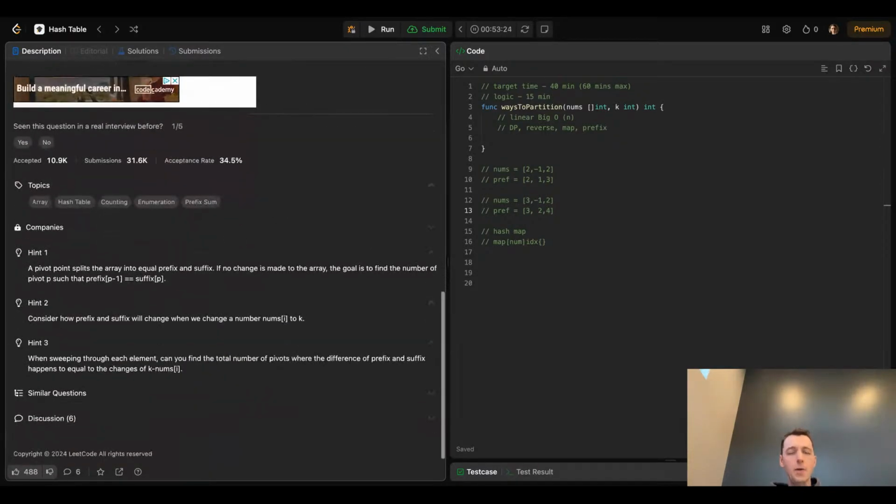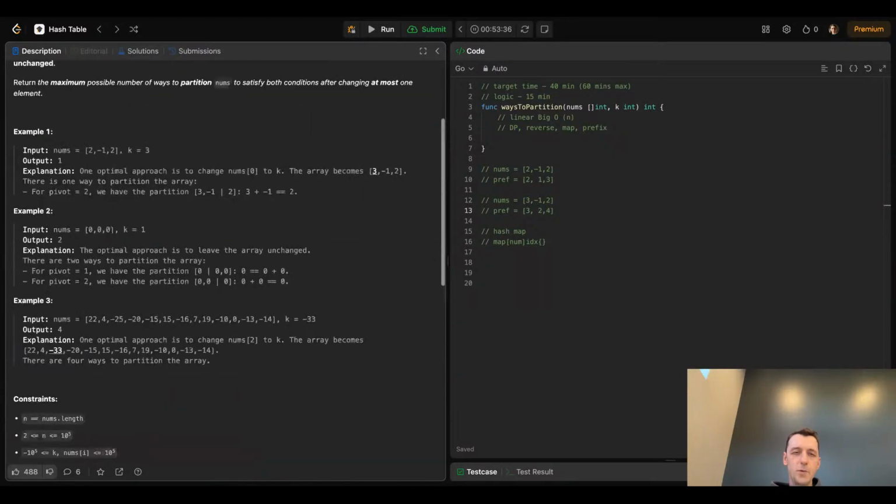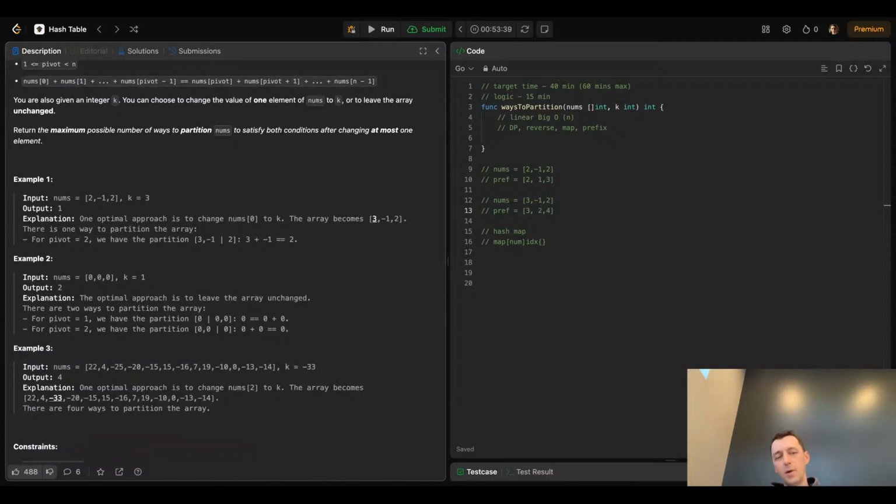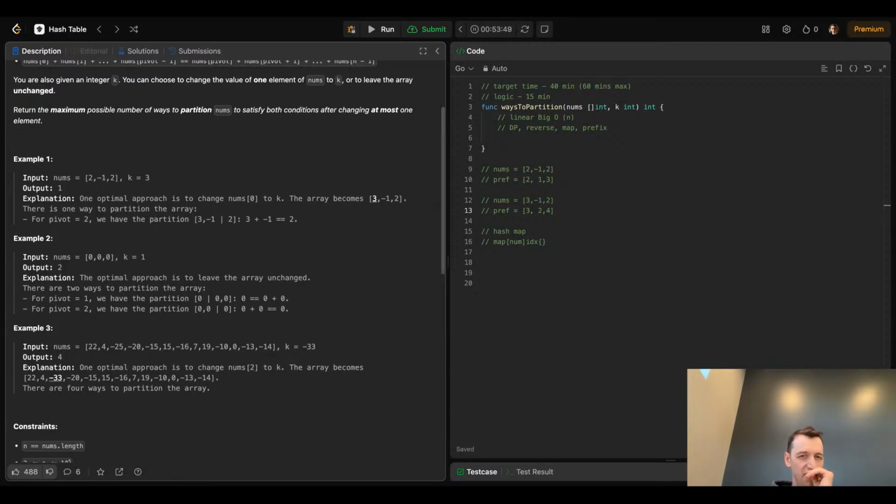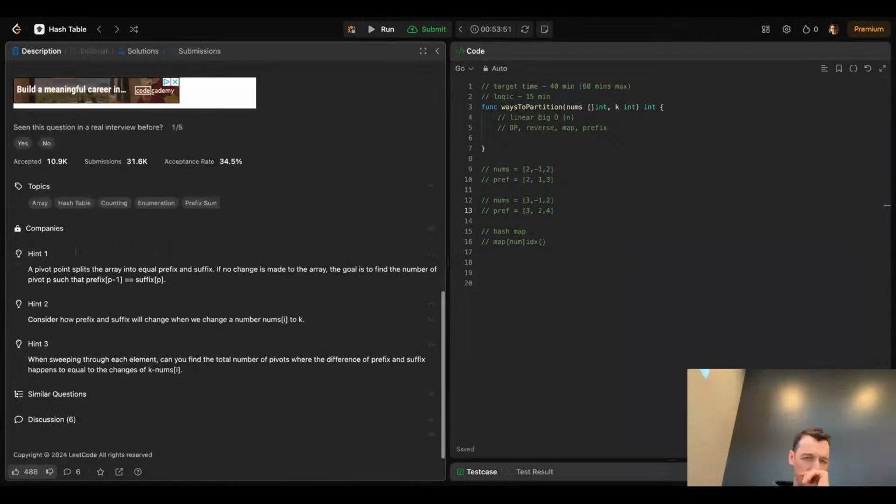Okay, how to use them and see how to implement it. And it seems like there is a linear time solution.